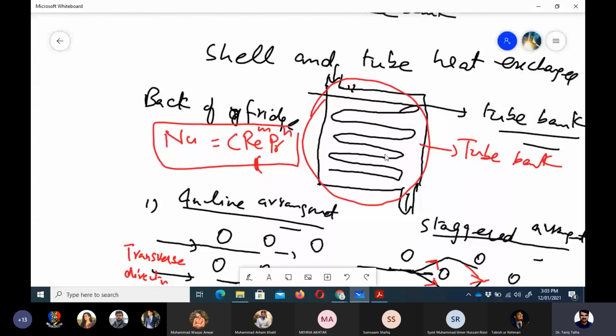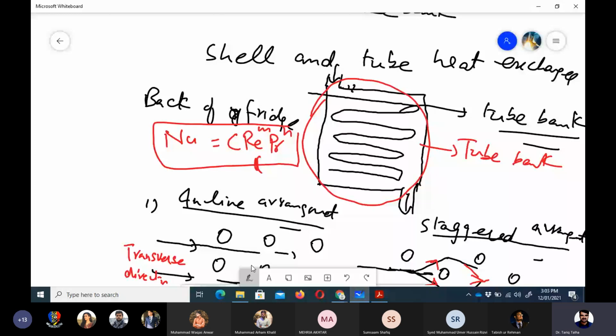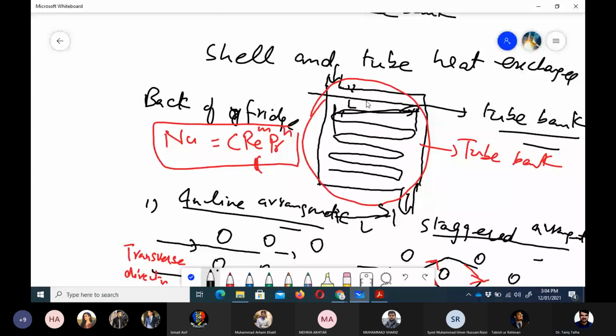So if we are looking from the front, we would be looking at the cross section of the pipe. So this is the length of the pipe, right? Because it goes from here to here and then it comes back, so it means that this is the length. This is length, right? So flow is coming from the front.